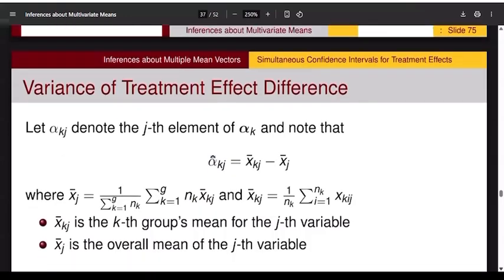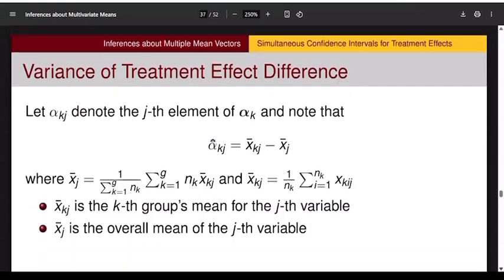Now, after that, I want to go to the variance of treatment effect difference. If I were to measure the treatment effect difference, I actually need the variance of it, because with that I'll be able to tell about precision and reliability.